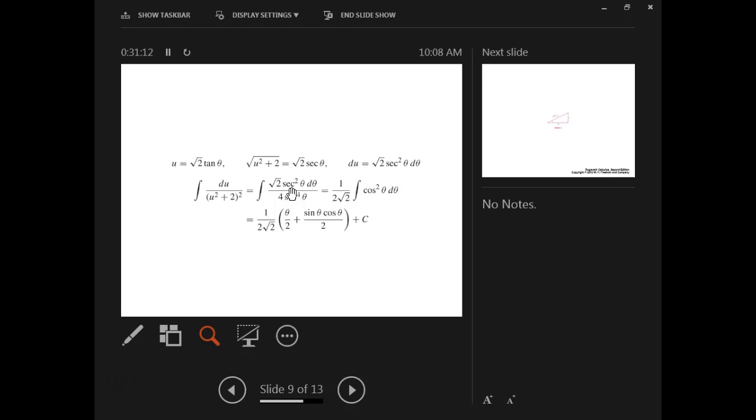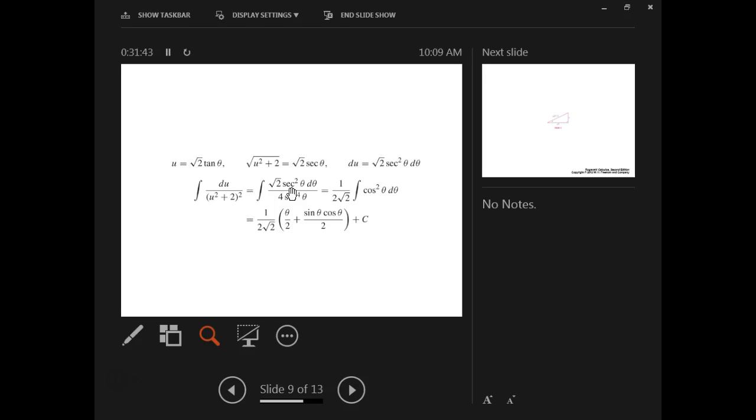Our substitution was u equals root 2 tangent theta, just like we did. Then the square root of u squared plus 2 would be the square root of 2 secant squared, so root 2 secant theta. They really skipped a lot of steps to get from there to there. But it's true. And then du was that, which is true. Why did they put that in there?